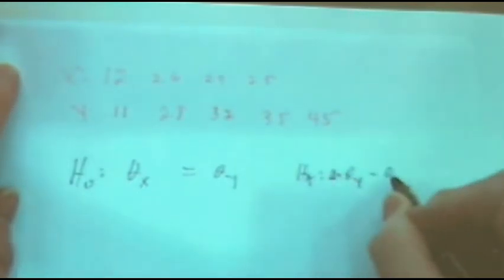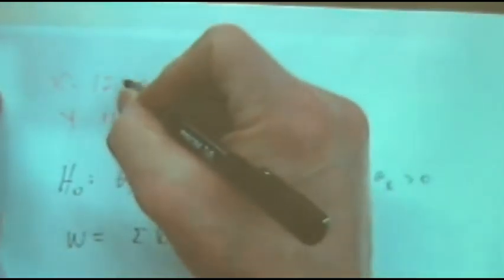This is what we've been calling delta. We know our test statistic is W.